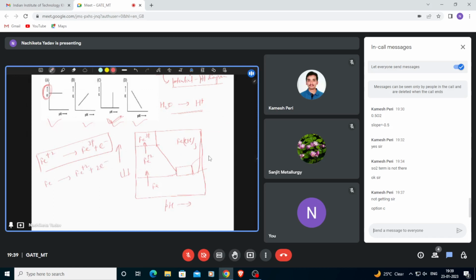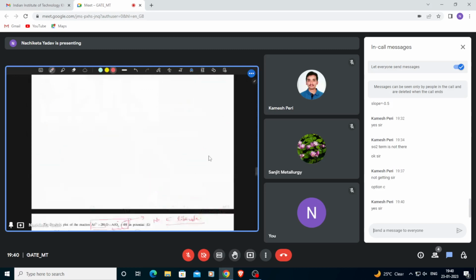So we will see that there is no H plus ion in both. That's why it is this one. Are you getting? It liberates only electron. You try this one.